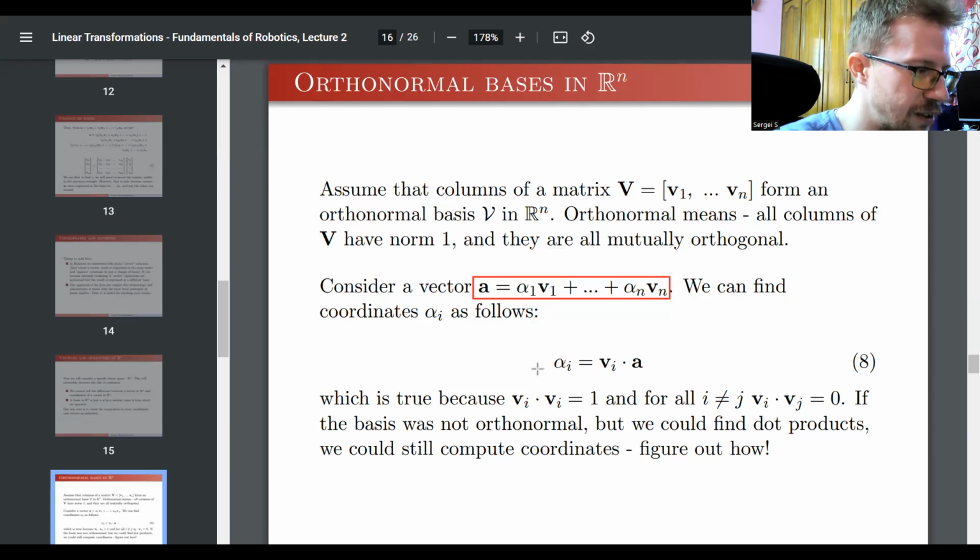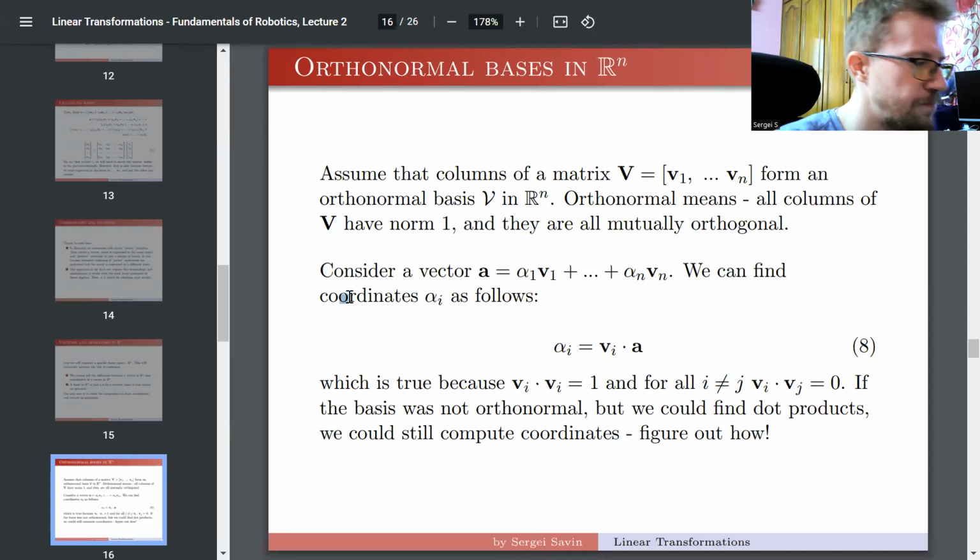You get 1 here and 0s everywhere else. 1 because of this property, 0s because of this property. So on the right-hand side, you get v1 times a, so this thing. On the left-hand side, you get alpha 1, which is this side. Okay? Do it with other vectors, you get the same thing. So that's how it works.